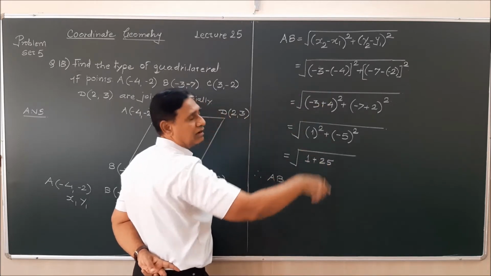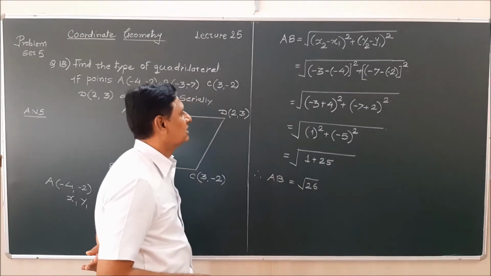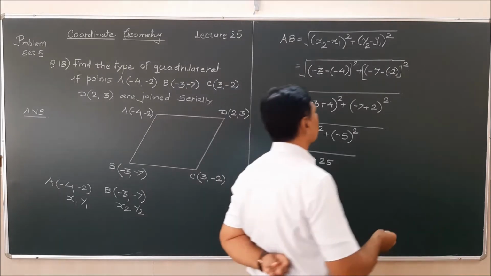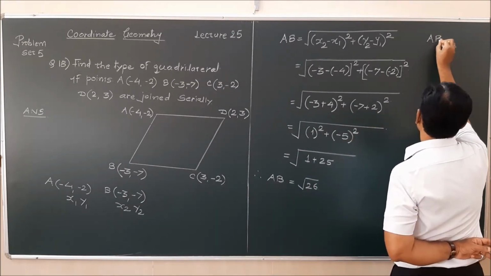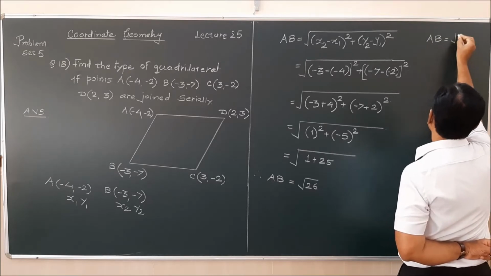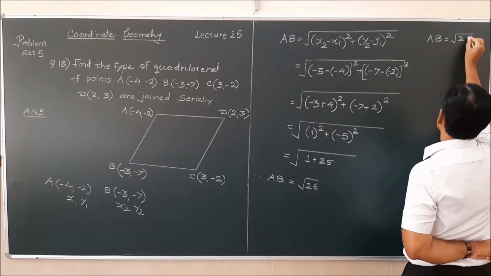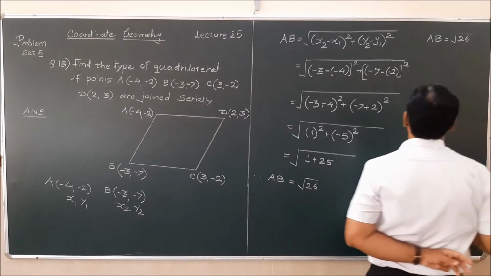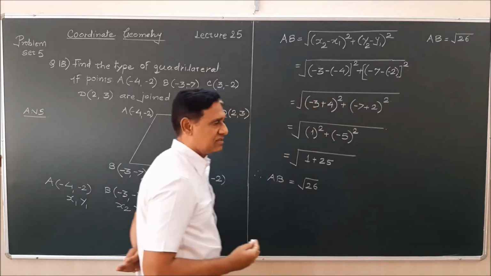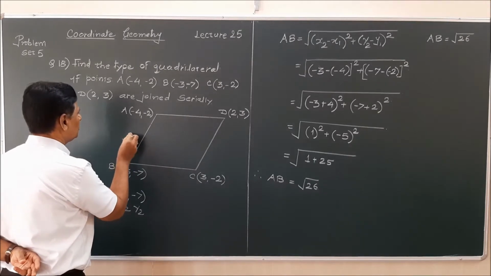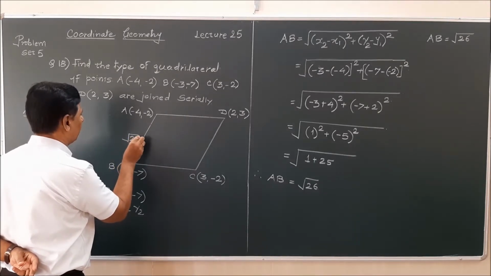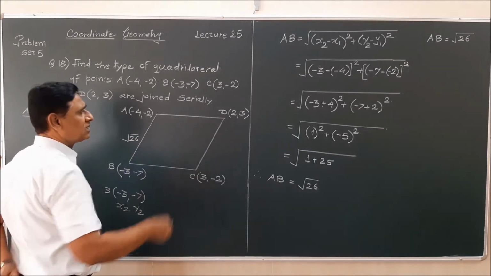So I am going to write down that value of AB here. AB is equal to root 26. This is my first result. Now I am going to find the opposite side of AB, which is DC.